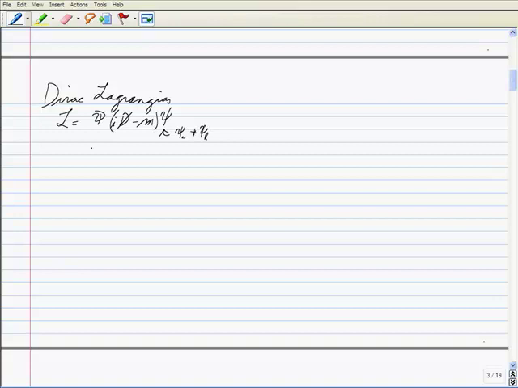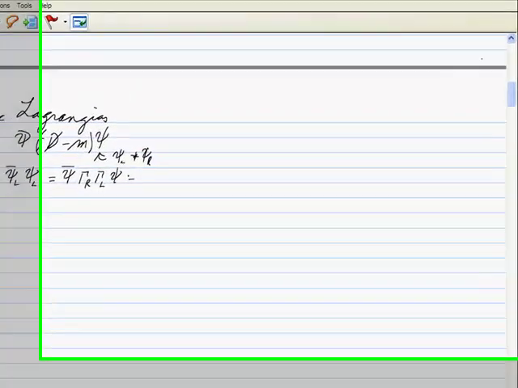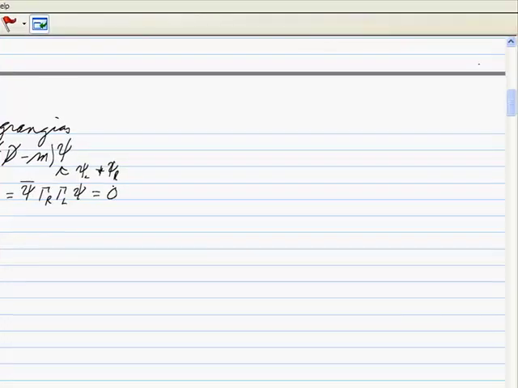So the mass term, if we have psi bar left psi left, from what we just worked out, that's psi bar gamma right gamma left psi, that's equal to 0.